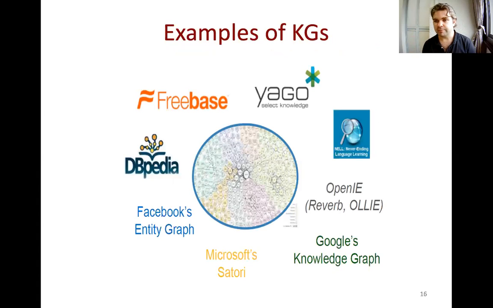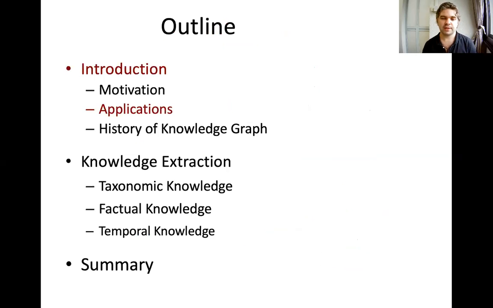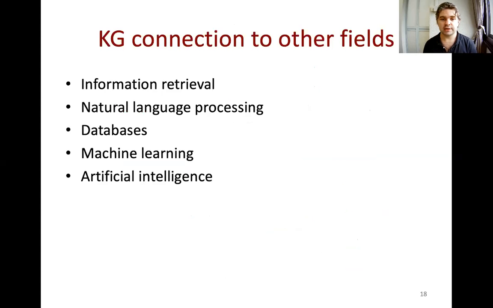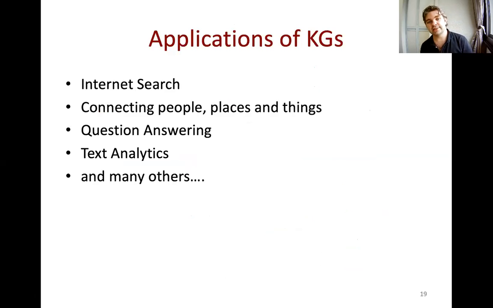There are examples of knowledge graphs: Freebase, YAGO, OpenIE, Facebook's entity graph, Wikipedia, Satori. All the big players have created their own knowledge graph. There are many applications of knowledge graphs. You can use them for information retrieval, natural language processing, databases, machine learning, artificial intelligence, and also for internet search, for connecting people and places.